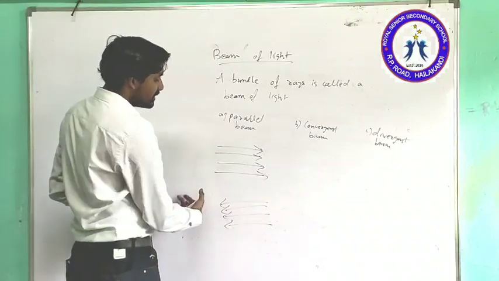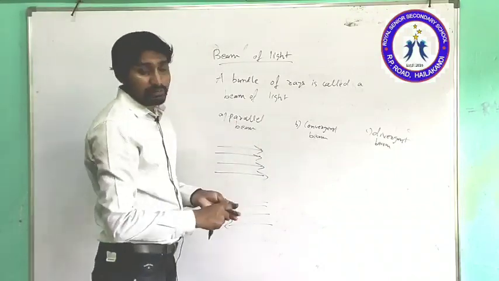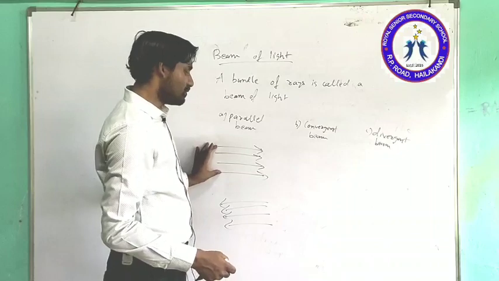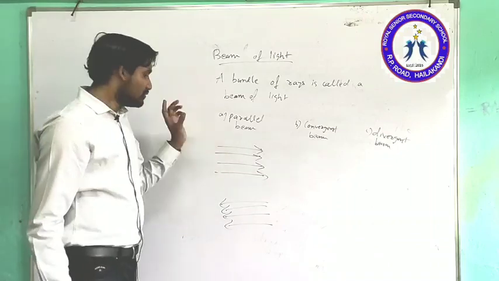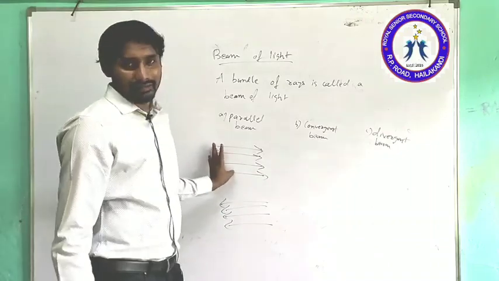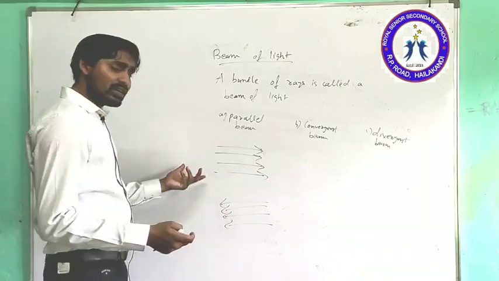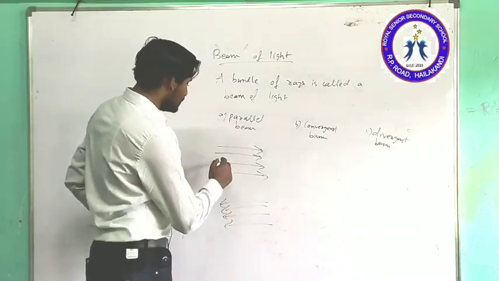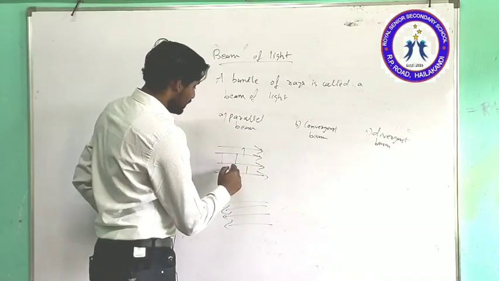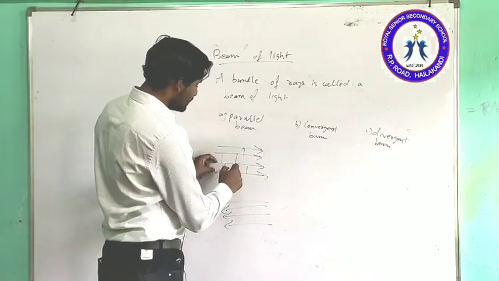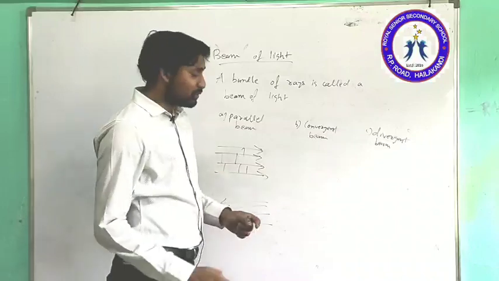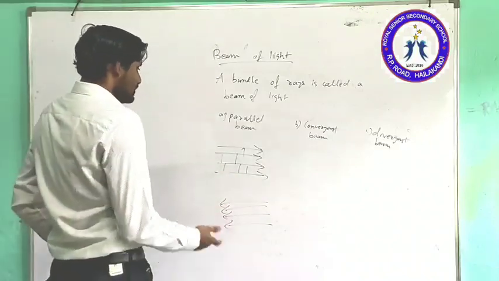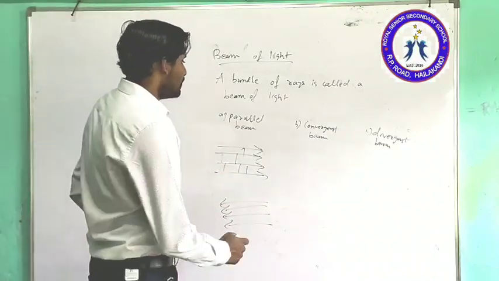But the main thing is that all the rays which form the beam are parallel. The distance between any two particular rays will not change; it will always remain the same. This is an example of a parallel beam of light.